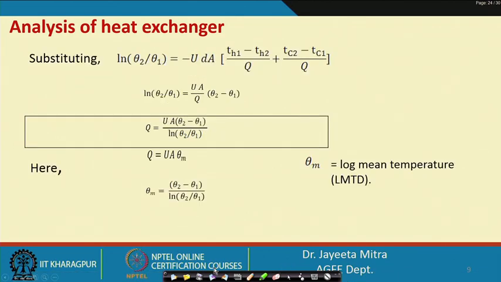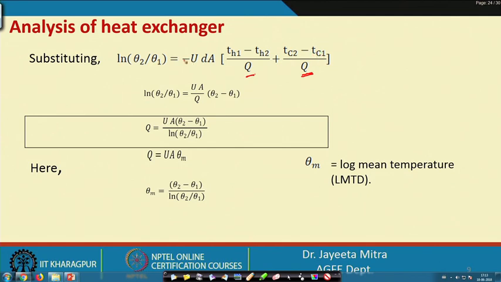So, substituting the values of 1 by Ch and 1 by Cc, we get (Th1 minus Th2) plus (Tc2 minus Tc1).